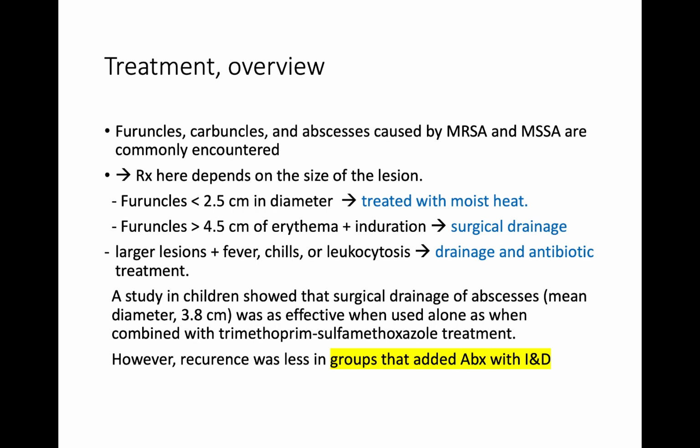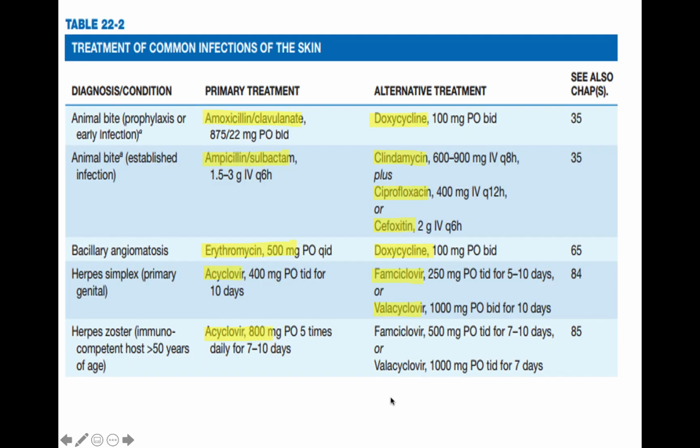So drainage alone was enough. However, recurrence was less in groups that added antibiotic with the incision drainage. عشان تخلف معناته أنا إذا بستخدم antimicrobials I'm not really treating, I'm reducing recurrence. So I will still use antimicrobials, but now I know why I'm using antimicrobials.